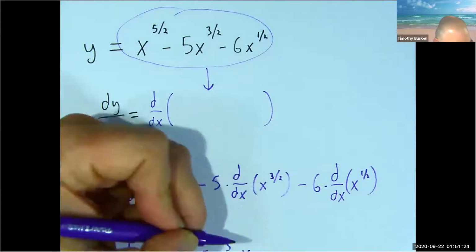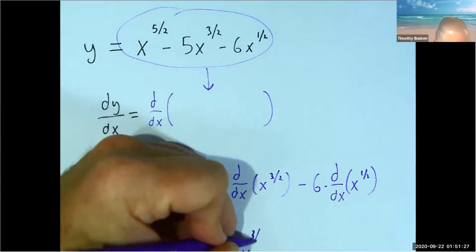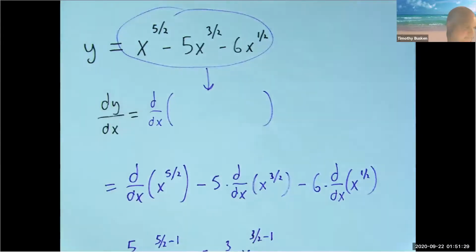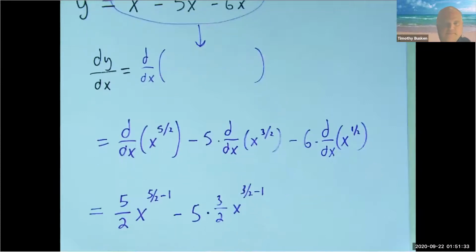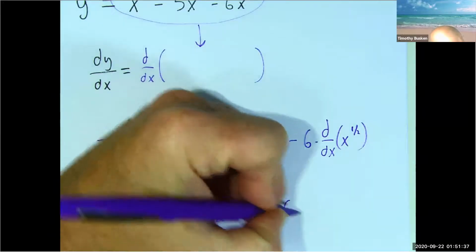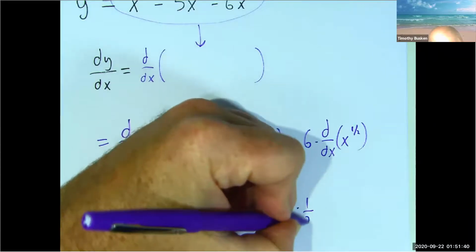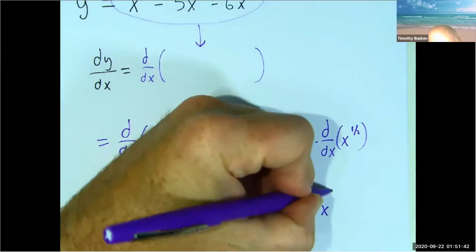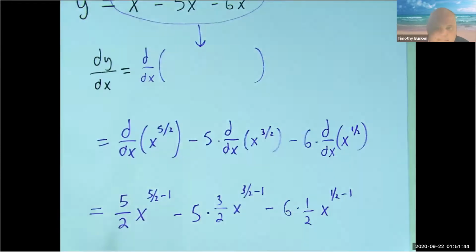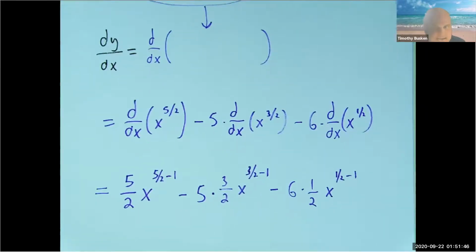And then this will be times x to the 3/2 minus 1 power. And then minus 6 times 1/2 x to the 1/2 minus 1 power. So that's just me writing out the power rule.